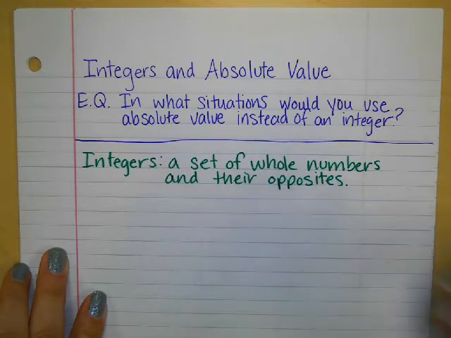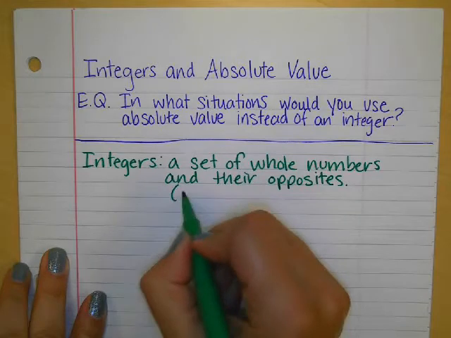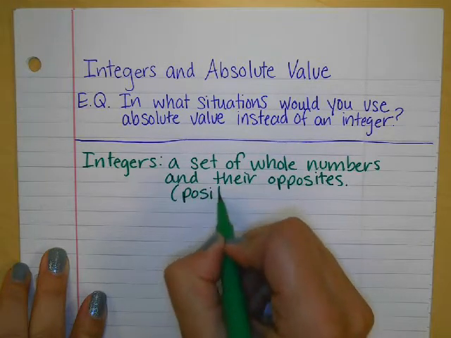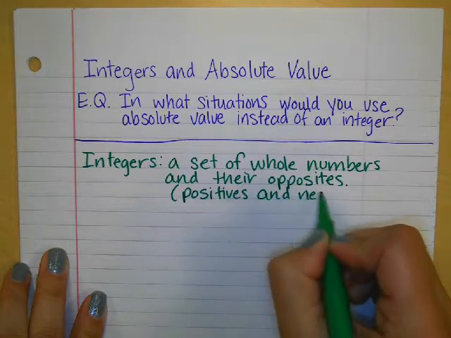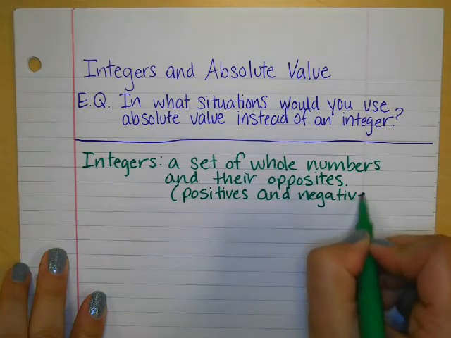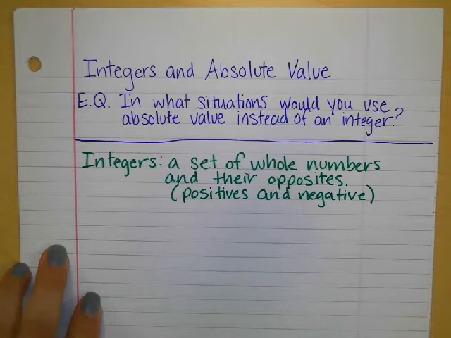So a lot of times when we think of integers, we really just think of positives and negatives, because positives and negatives are opposites.